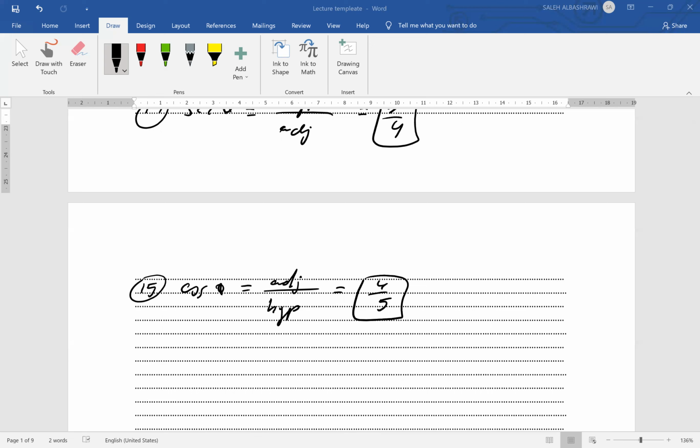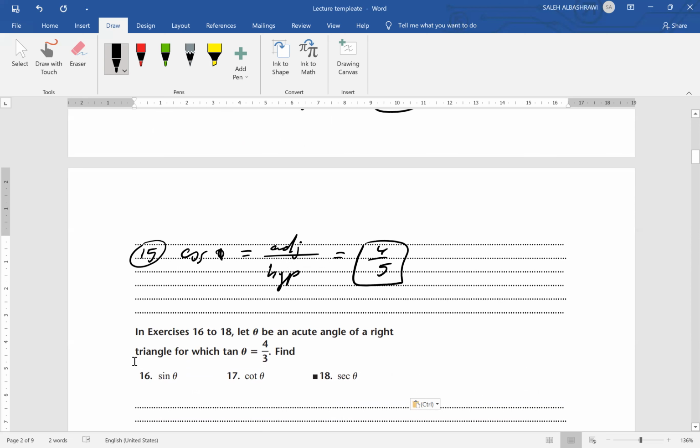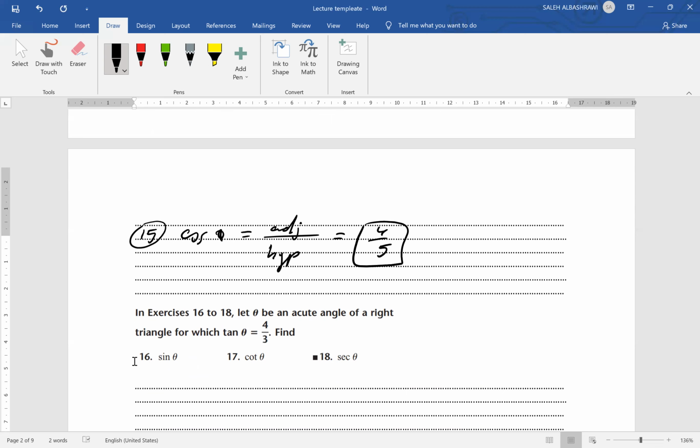Suppose we have this problem: theta is an acute angle of a right triangle for which tangent theta is equal to 4/3, and we need to find sine theta, cotangent of theta, and secant of theta.